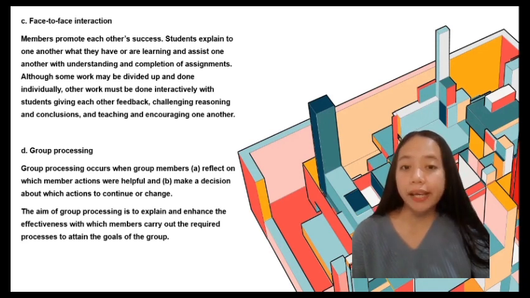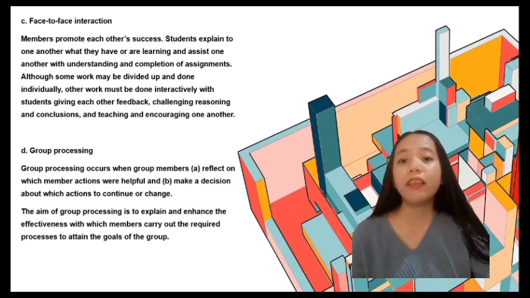Students explain to one another what they have or are learning and assist one another with understanding and completion of assignments. Although some work may be divided up and done individually, other work must be done interactively, with students giving each other feedback, challenging reasoning and conclusions, and teaching and encouraging one another.